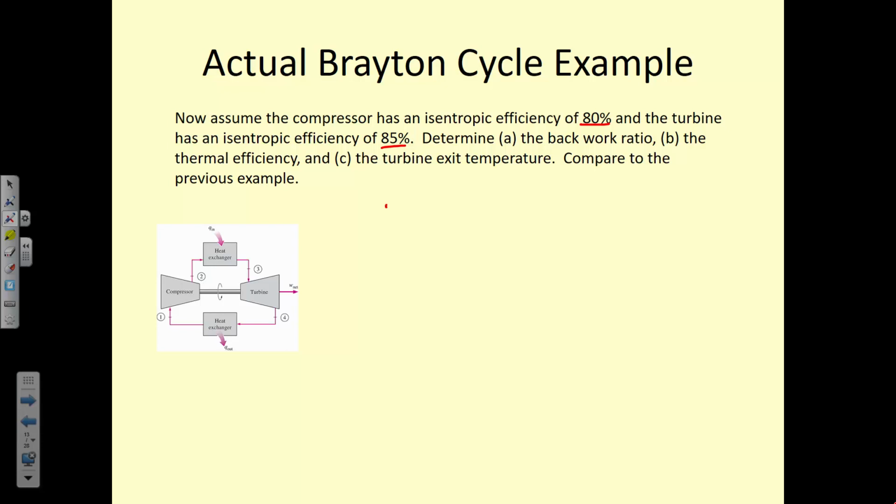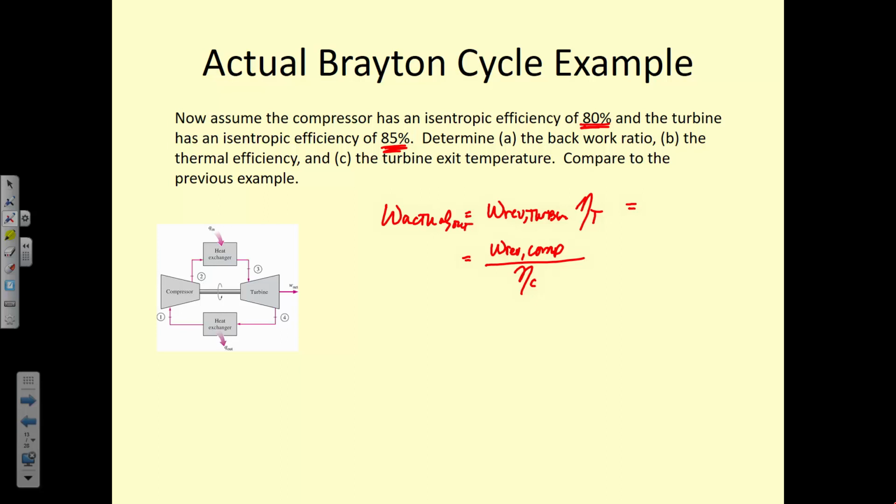So our work actual is going to be equal to our work reversible for the turbine multiplied by this turbine efficiency. And for the compressor, it's going to be the reversible work of the compressor divided by the compressor efficiency. So if we're using a compressor efficiency of 80% and turbine efficiency of 85%, we can figure out these numbers.